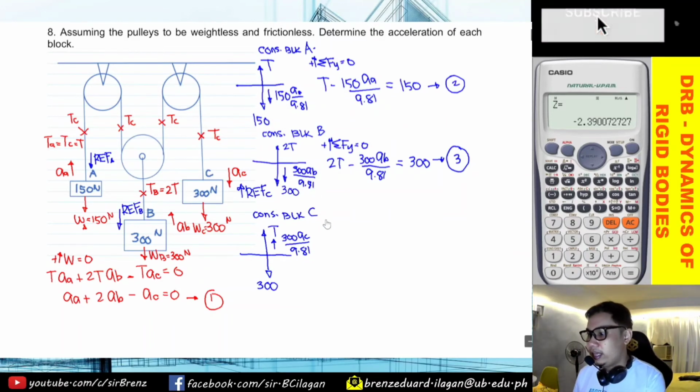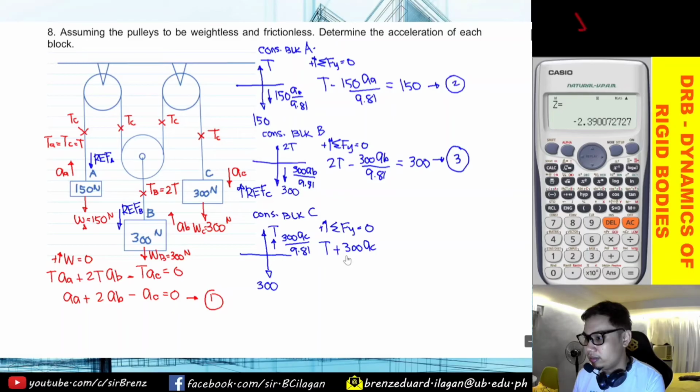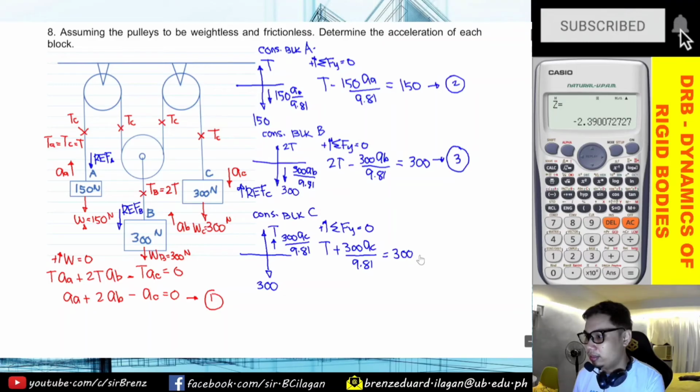Okay, so by taking summation of forces ng Y equals to 0. So our equation will be T then plus 300 A sub C all over 9.81 is equals to 300. So this will be our equation number 4.